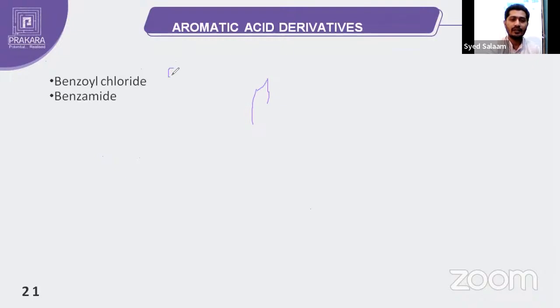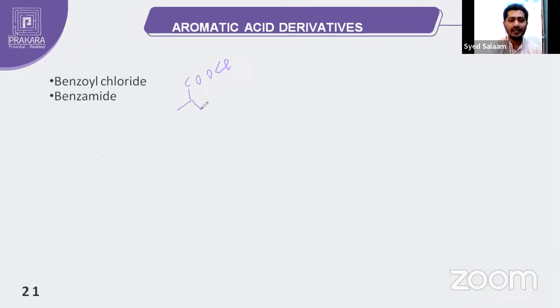So it will be having COCl. Benzene having COCl onto it: the carboxylic moiety COOH has its proton replaced by Cl. So benzene with that COCl we call benzoyl chloride. This will be attached to the benzene ring.